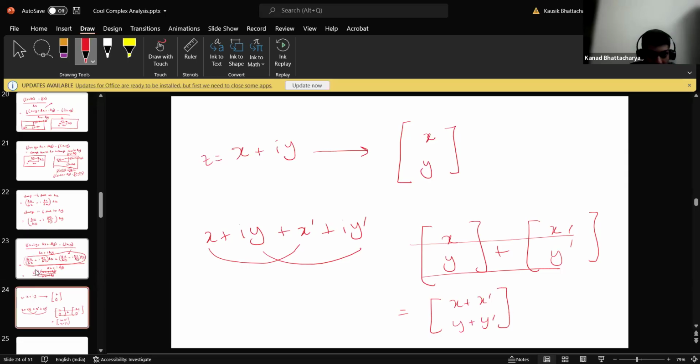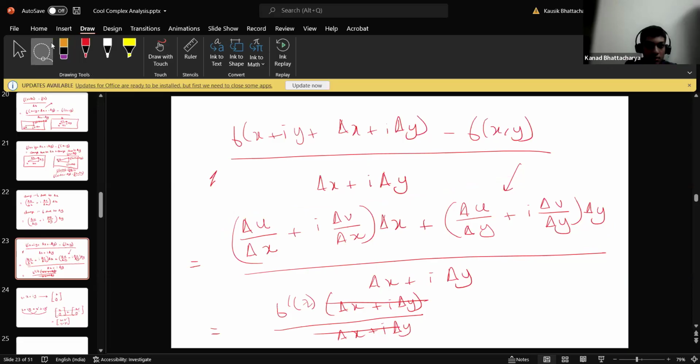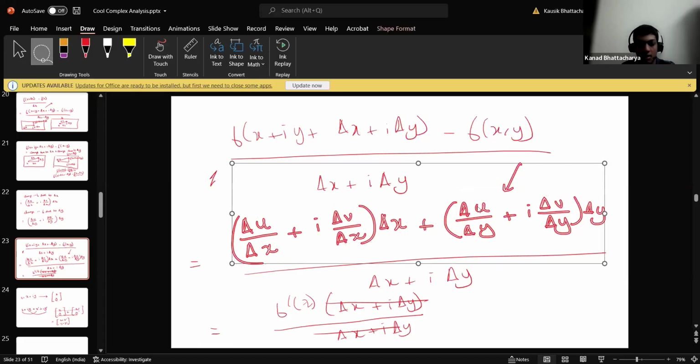So this expression here, I'm just going to drag this out, because this is an important expression. I'm just going to copy this expression and write this out in the form of a vector.